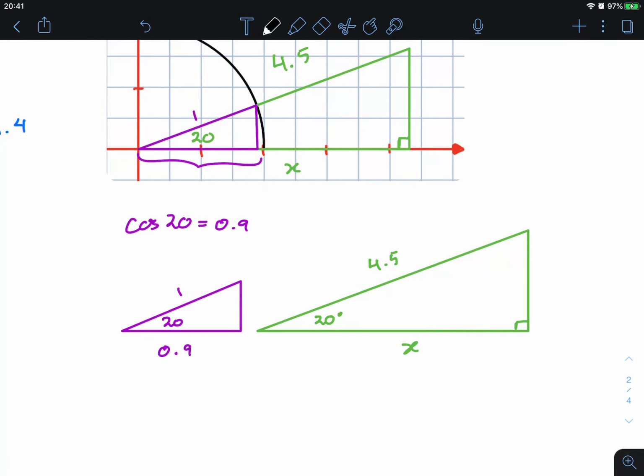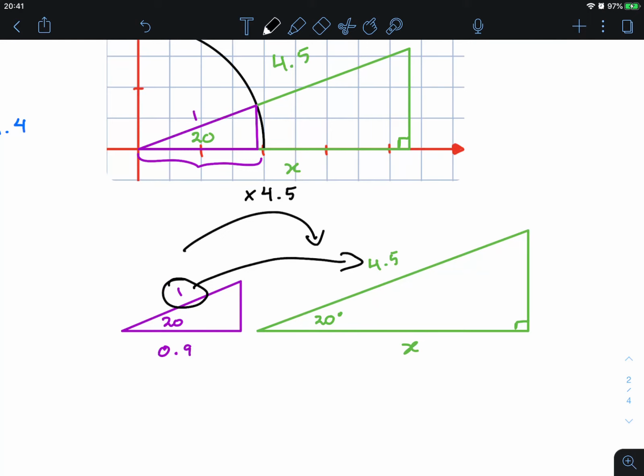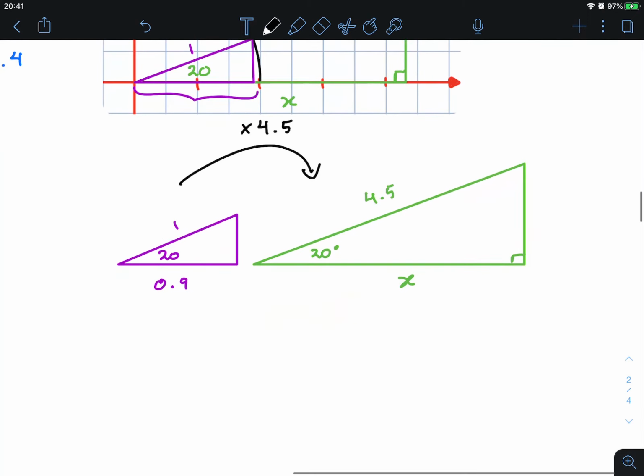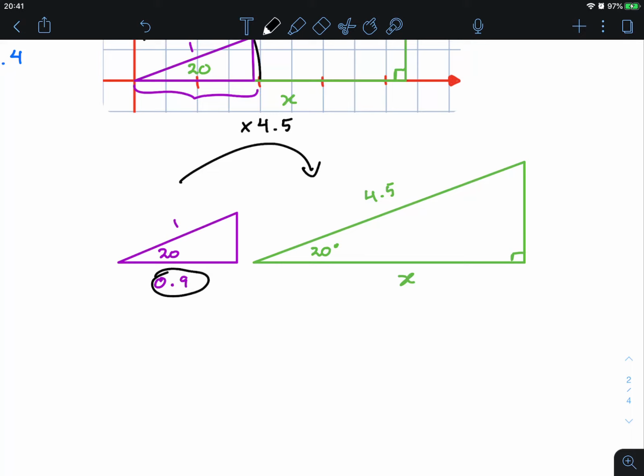Well, we can see that this triangle is the exact same triangle here, just enlarged, times by 4.5. We know this because it became 1 to 4.5. And because of this, we can say 0.9 times 4.5 will give us x.